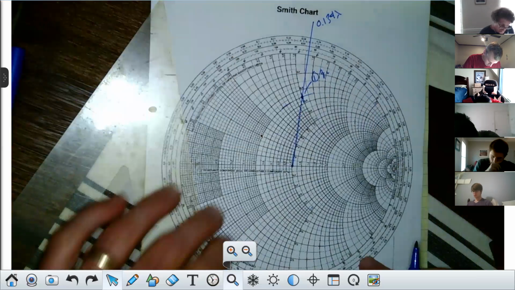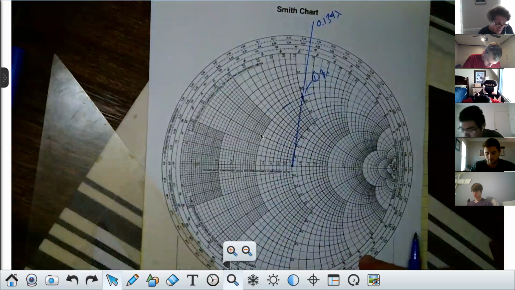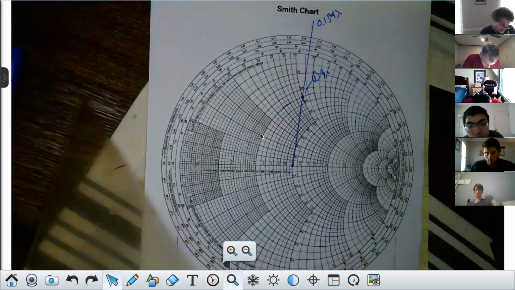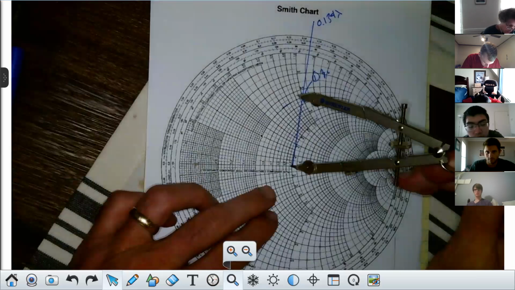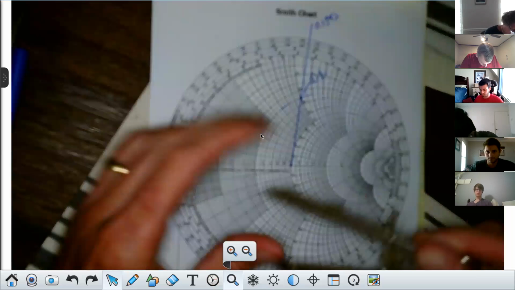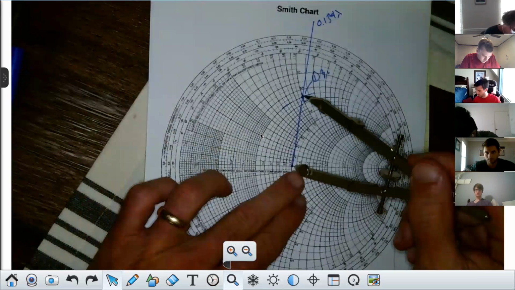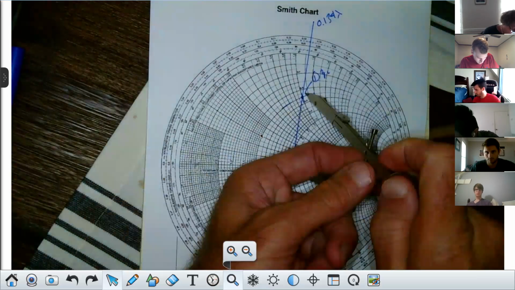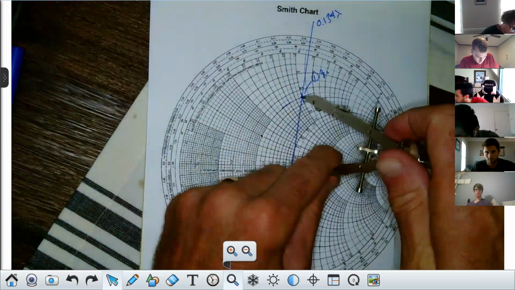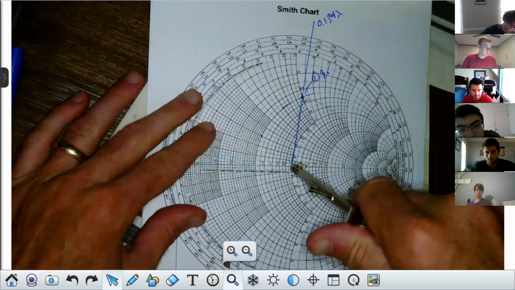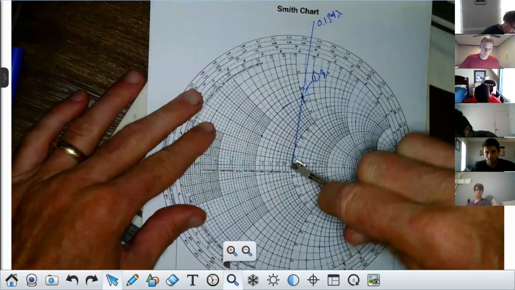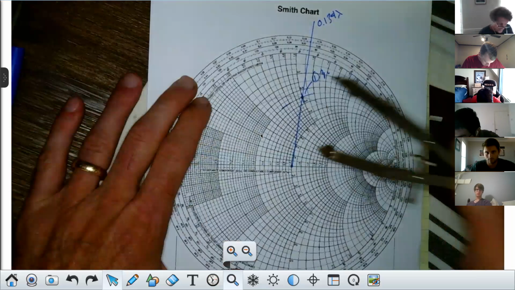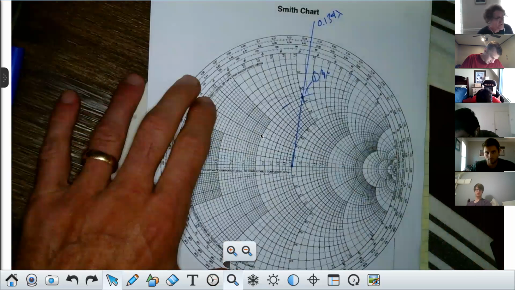Now, our goal: you have to take your compass and make a circle. Get a good compass when you do this. Like that. It's faint on mine.